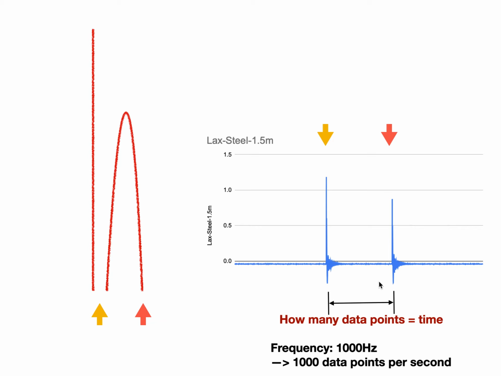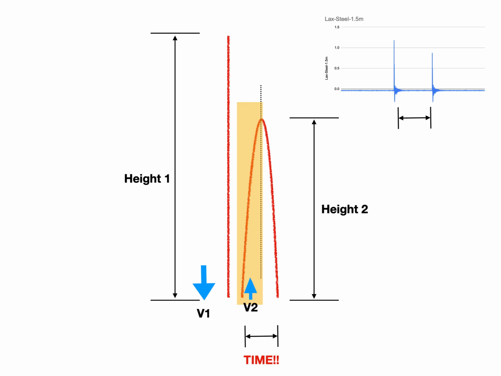So 1,000 data points here means the time is 1 second in between two peaks. So that's why the frequency is so important. You won't be able to analyze the force plate data without knowing the frequency of it. So this interval is this interval, after it hits the ground and reaches the apex and comes down.